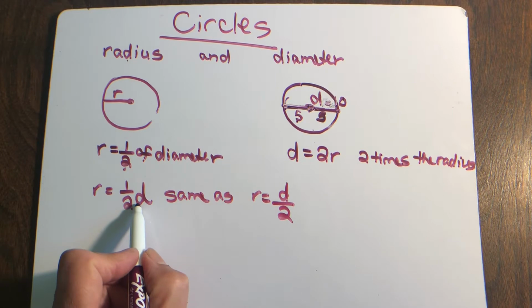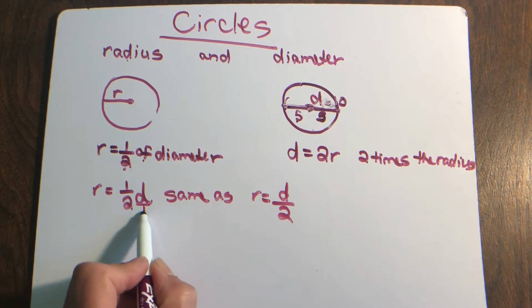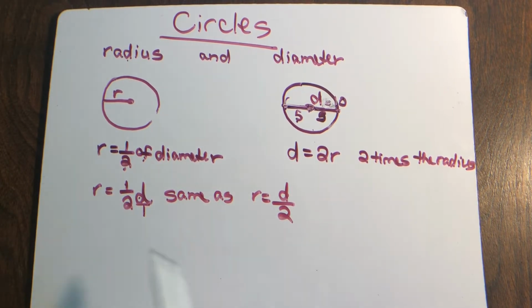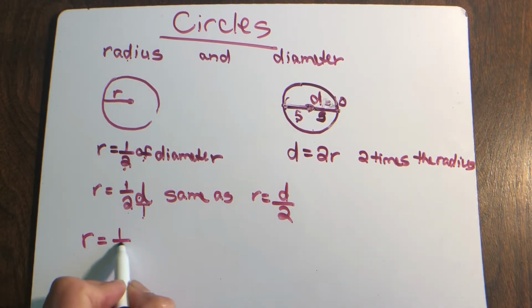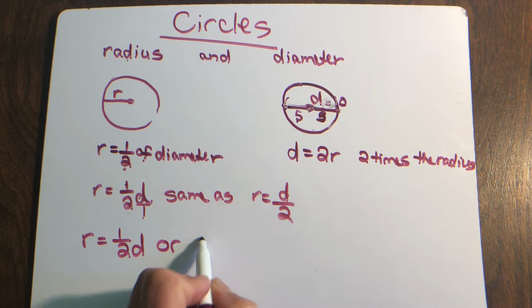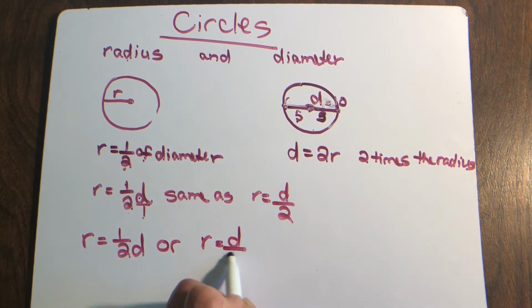Because remember, D is an understood whole number. It's over 1, so 1 times D is D, and 2 times 1 is 2. So you could write it, radius is 1/2 D, or radius is D divided by 2. Those mean the same thing, and I know that's why fractions can be really confusing for us, okay?